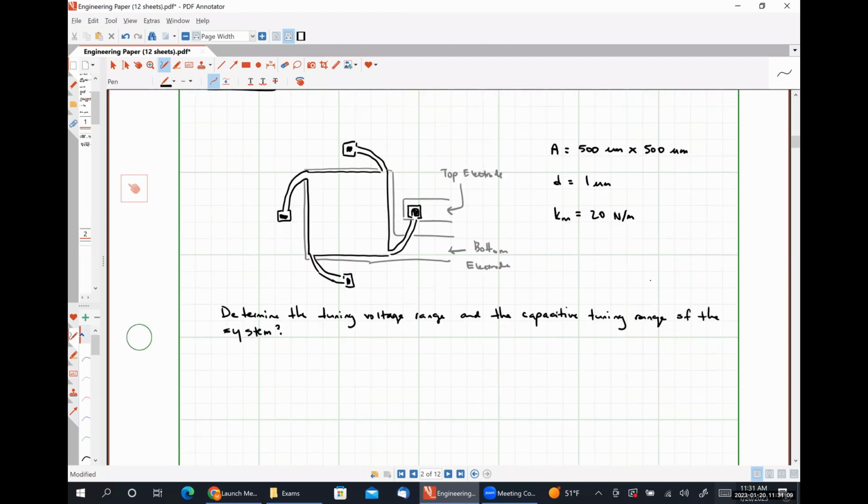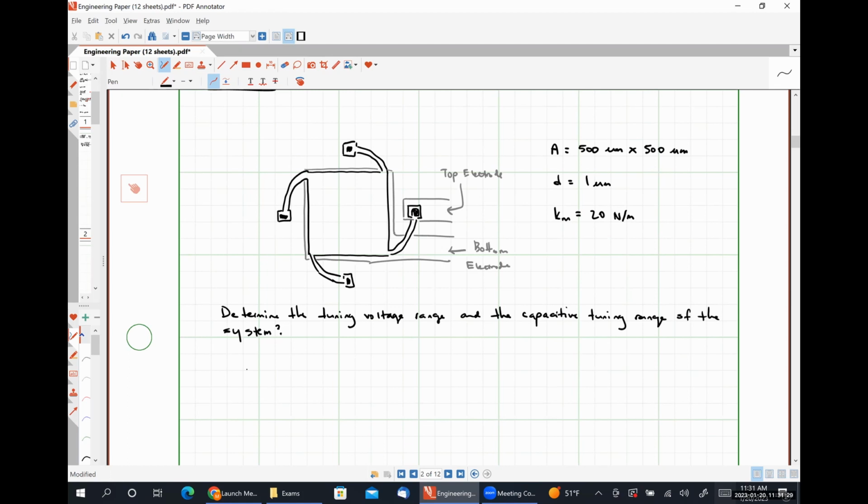So our voltage tuning range, or tuning voltage range, however I have it written here, is really just going to be from 0 to our pull-in voltage. That's our theoretical limit.